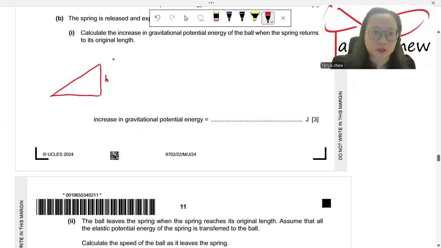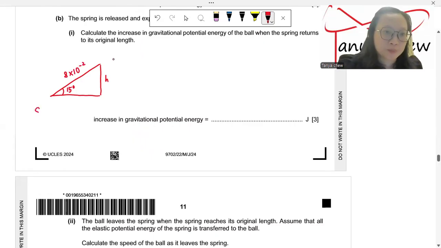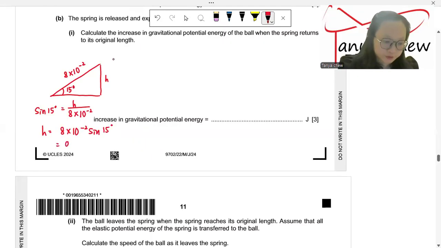Increase in gravitational potential energy. And this is 15 degrees. This is 8 times 10 to the power negative 2. So I'm going to use opposite, sine 15 is equal to h over 8 times 10 to the power negative 2. H is equal to 8 times 10 to the power negative 2 times sine 15, which is equal to 0.021 meter.